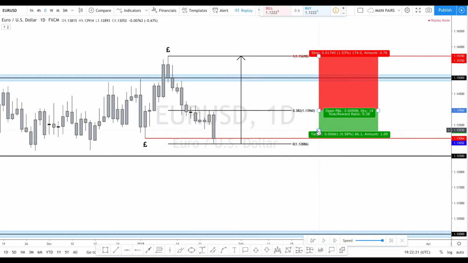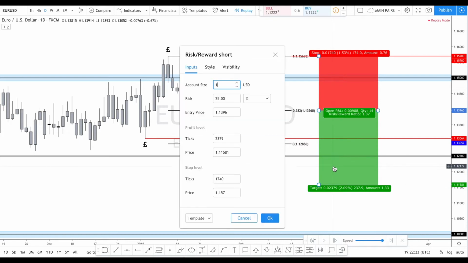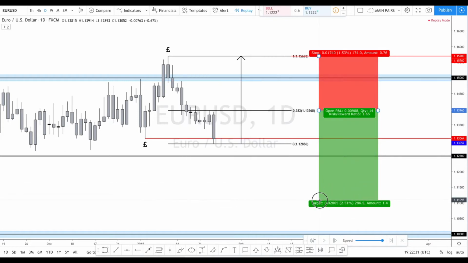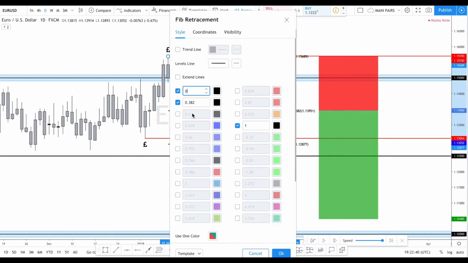That is 174 pips. So for me to make any sort of profit, my target would have to be double that, so my target would have to be here, 374 pips.